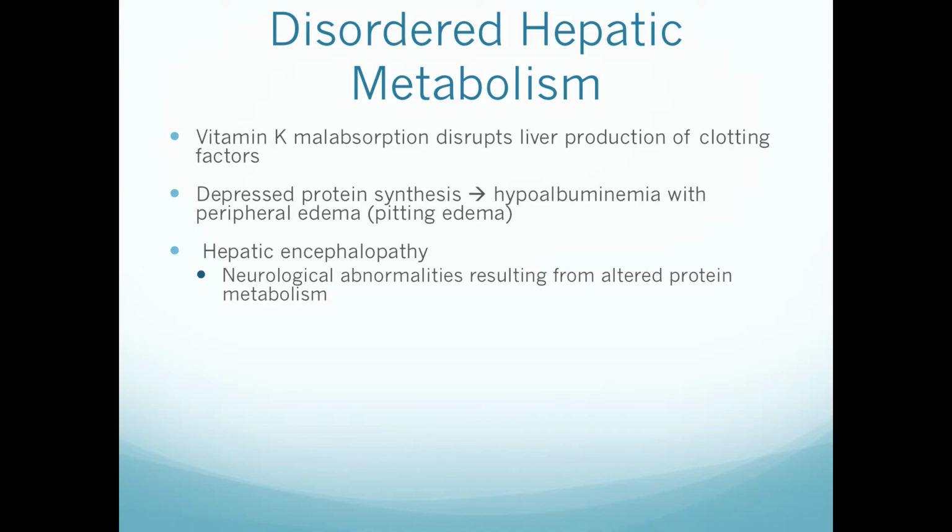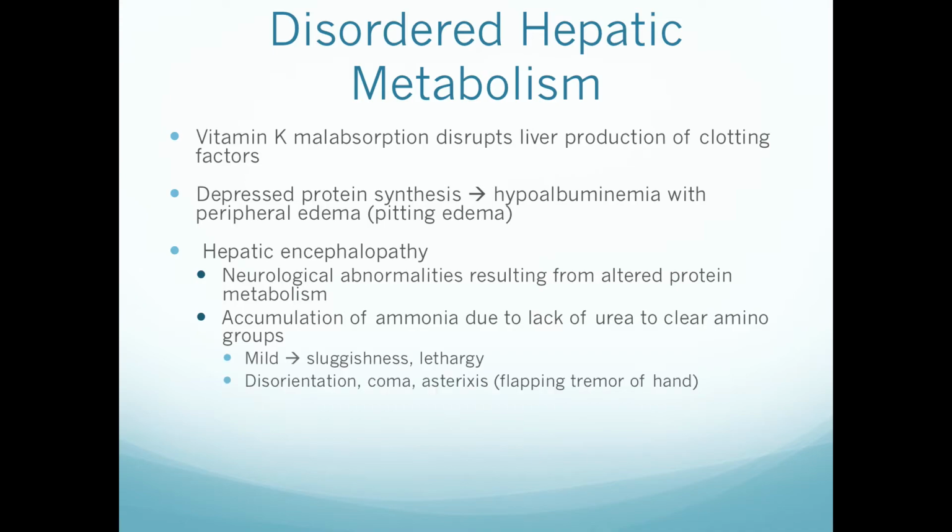If they are not deaminated, then they become neurotoxic and they start to cause brain damage. Also, urea is where we store nitrogenous wastes, and we want to excrete that in the urine. But if we do not clear and deaminate these amino acid groups, then they accumulate in the body as ammonia, which is very dangerous for you and causes quite a bit of brain damage.